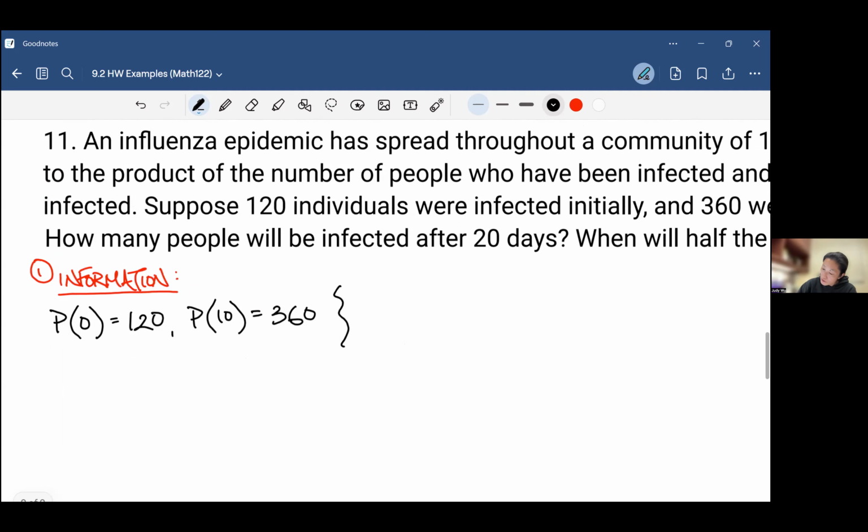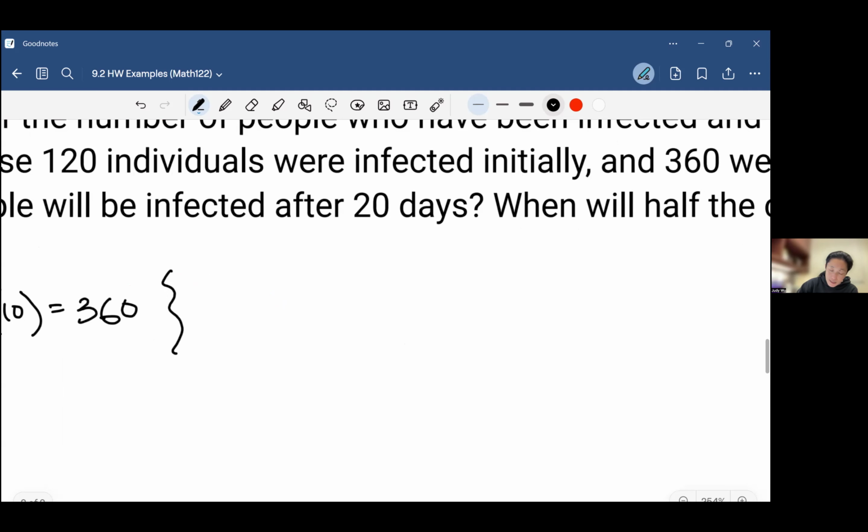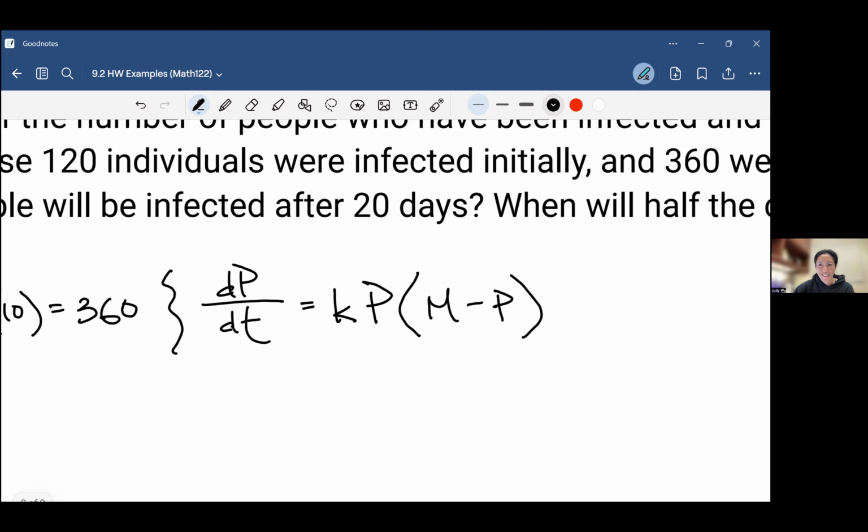So if I go back to the notes, I see that we have logistic growth, that is our dP/dt equals, and it looks kind of similar to what we did in the last example. Instead of k times M minus P, though, there's also a constant on the outside or a population on the outside.